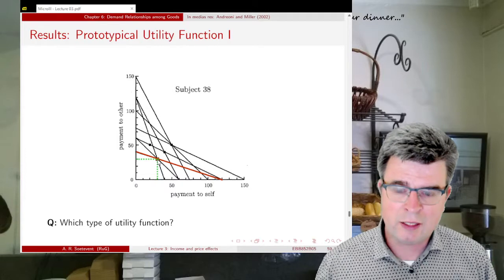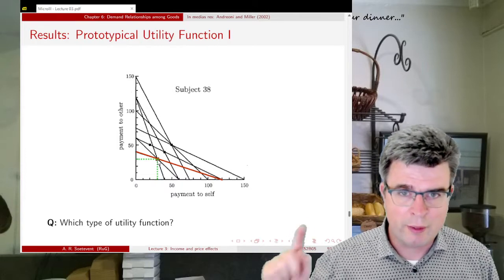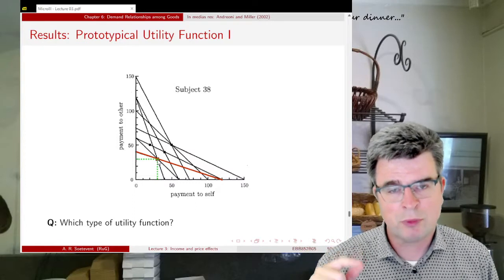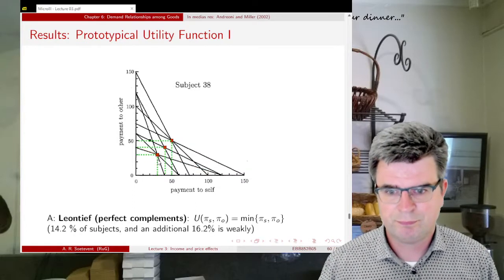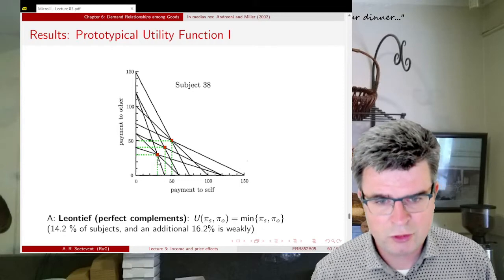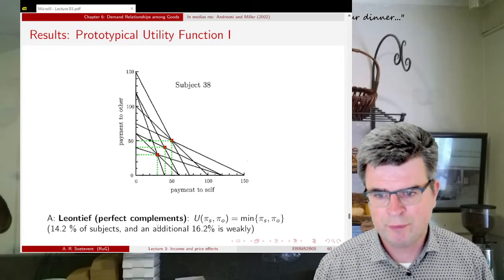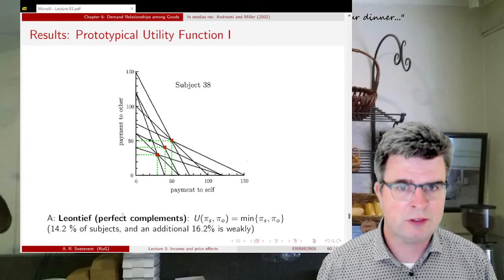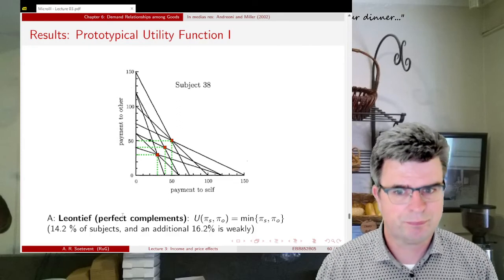So apparently he has a utility function where keeping the money and giving it away to the other person are perfect complements. So it's a Leontief utility function, and about 1 out of 7 of the subjects exhibits this type of behavior.